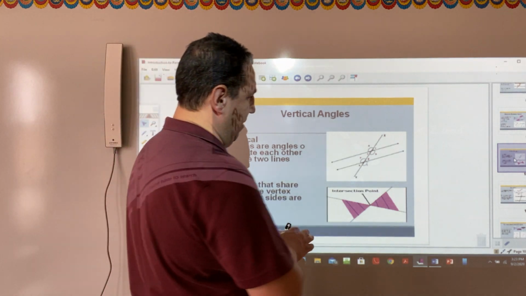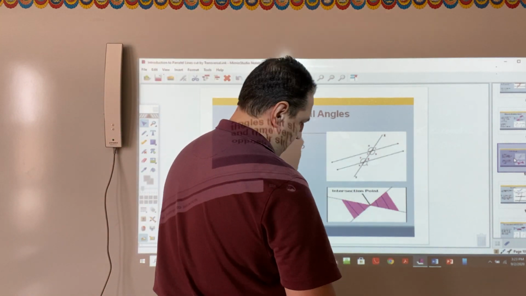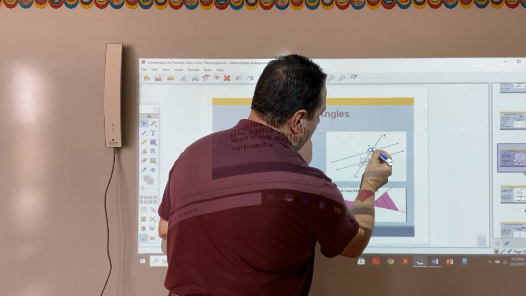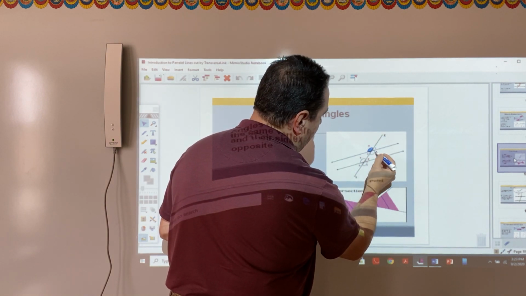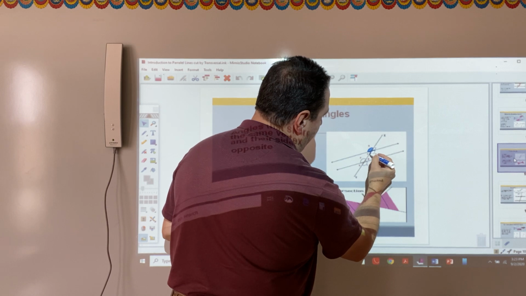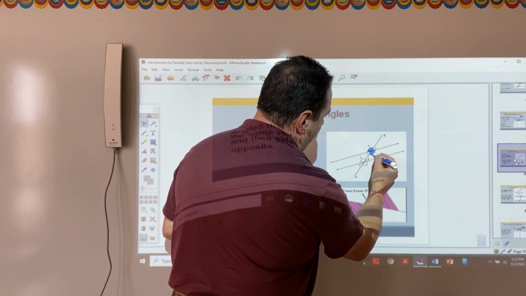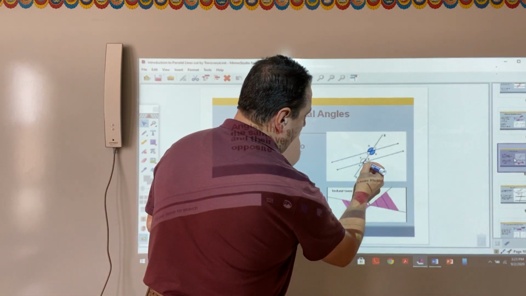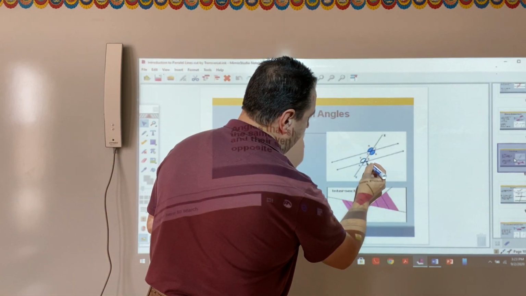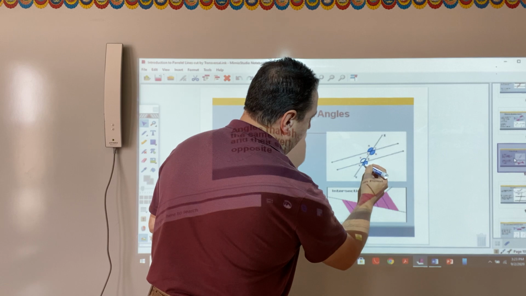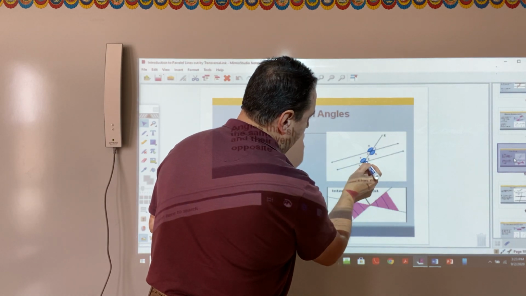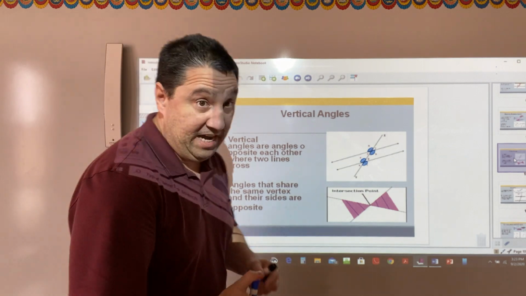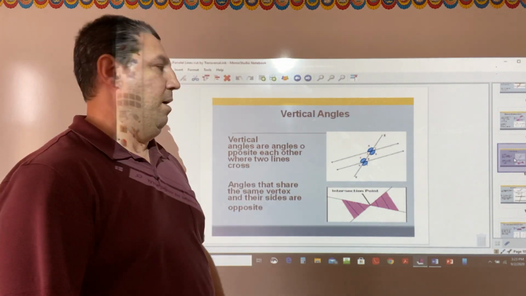For example, here, these two angles are opposite. Also, these two angles are opposite. As you can see, they share a common vertex, but their sides are opposite.